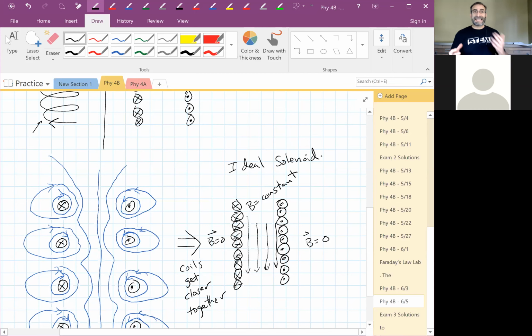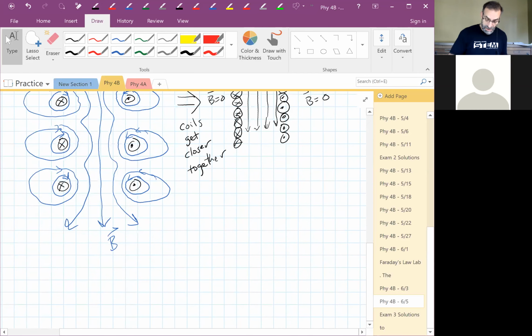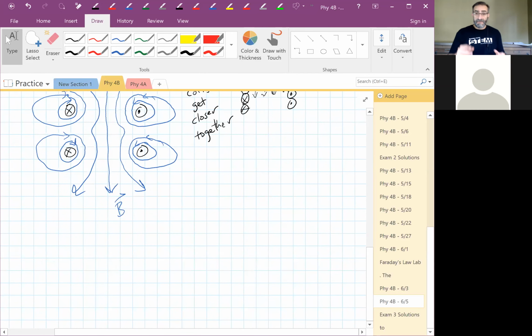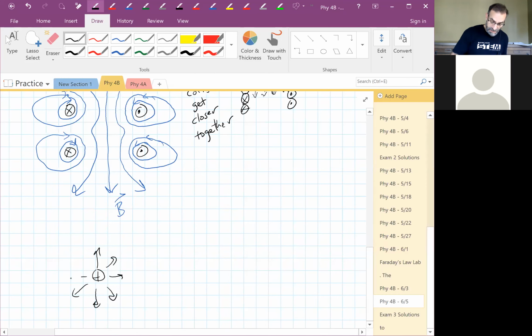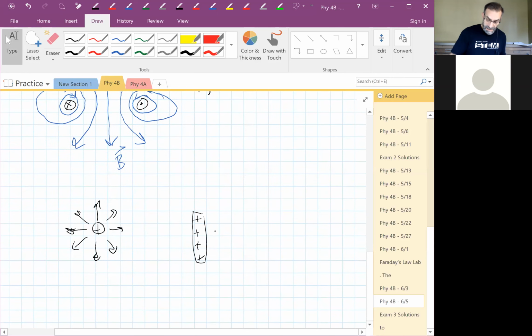So it's not that different than what we did with charge. Remember, we said if we have a point charge, the electric field goes out in all directions. But if we spread that charge out over some distance, in the middle here it starts to do something like that.